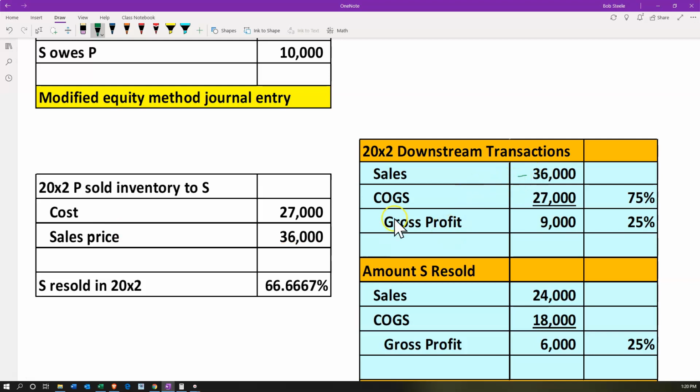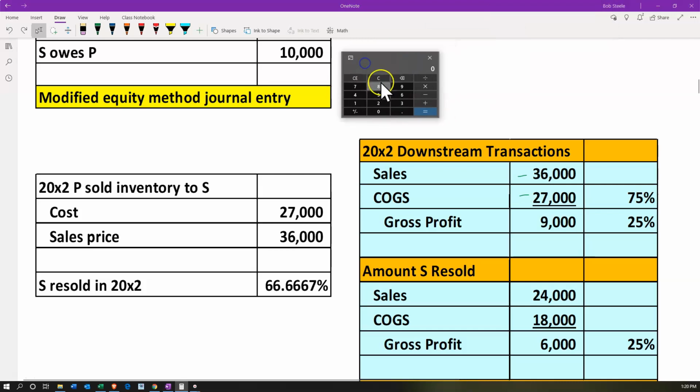So there's the 36, the 27, the difference between those two being, of course, the 9. And then if we pull out the trusty calculator, the gross profit percent is 9,000 divided by the 36,000, that's going to be the 25%.